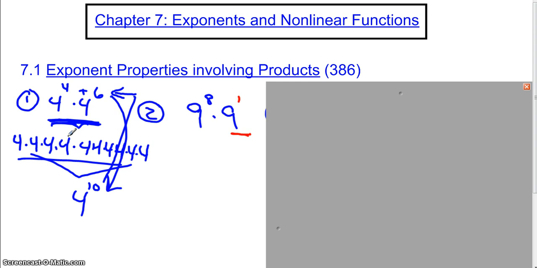Good. So there's the invisible exponent 1. When you don't see an exponent, there is one factor of 9 there. And in the first term, I have how many factors of 9? 8. So we could write this as 9 to the 8th plus 1. And so the answer is 9 to the 9th power. Okay, good.